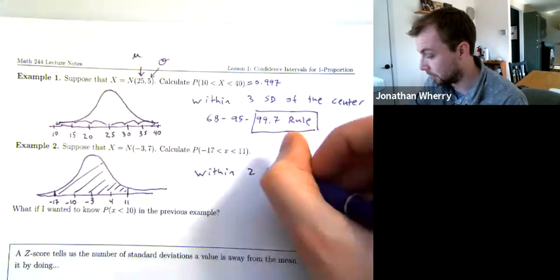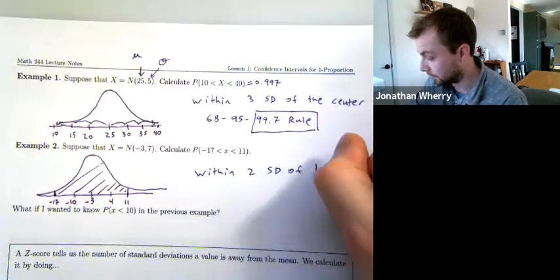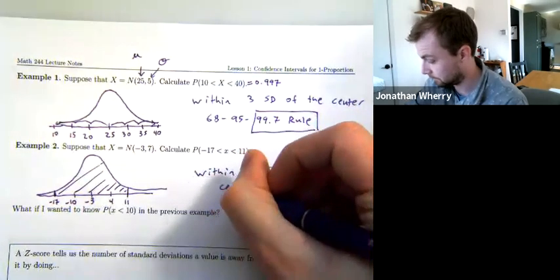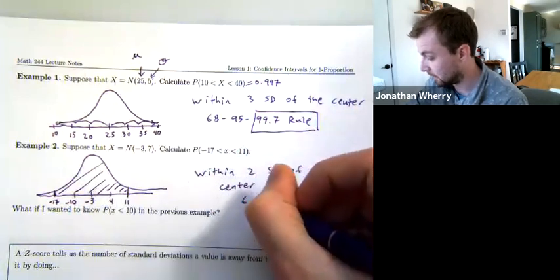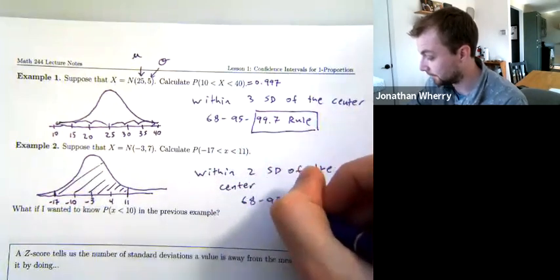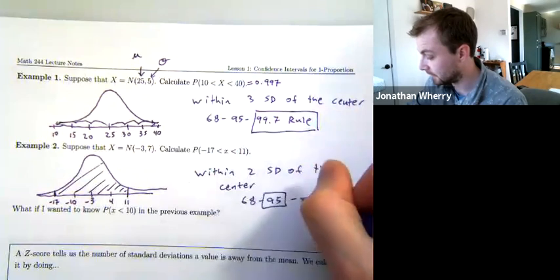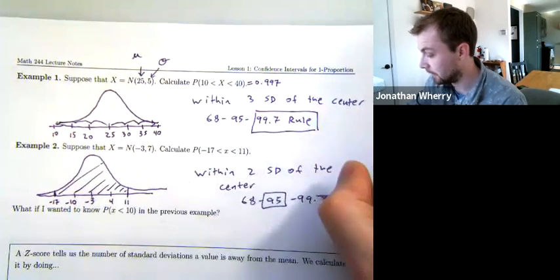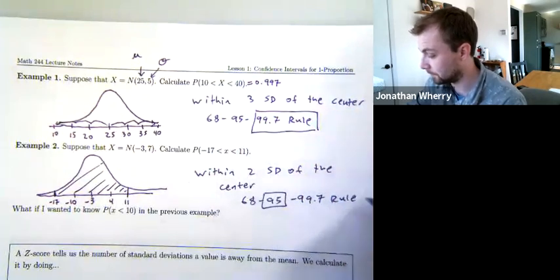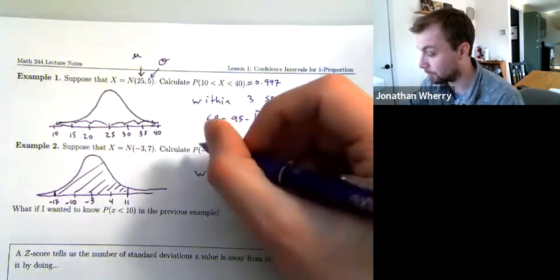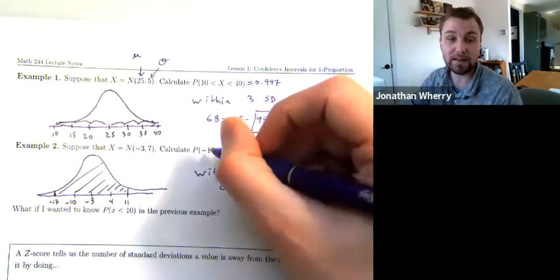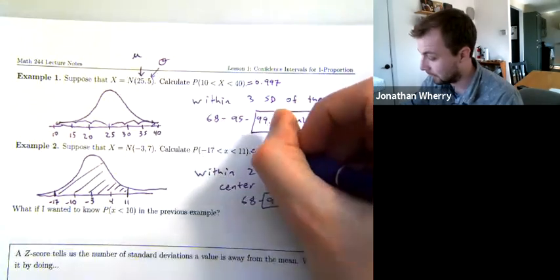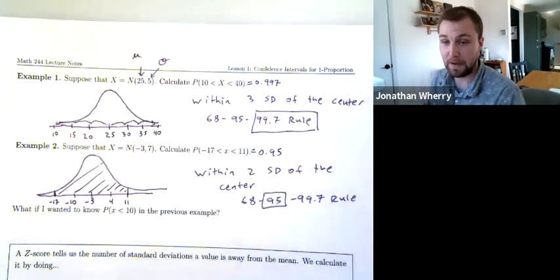If I'm within 2 standard deviations of the center, then I am at the 95 part of the 68, 95, 99.7 rule. So the probability of having a value between negative 17 and 11 is 0.95.